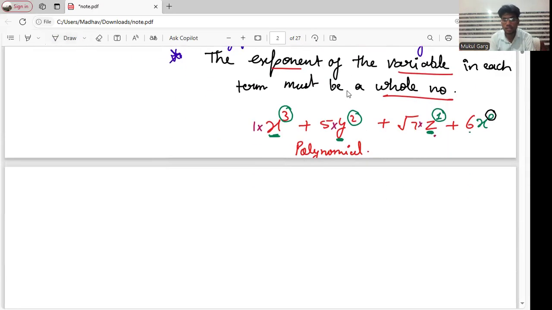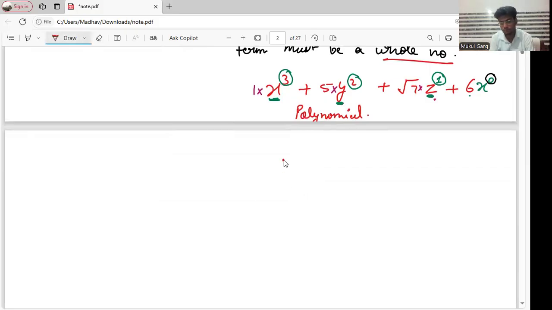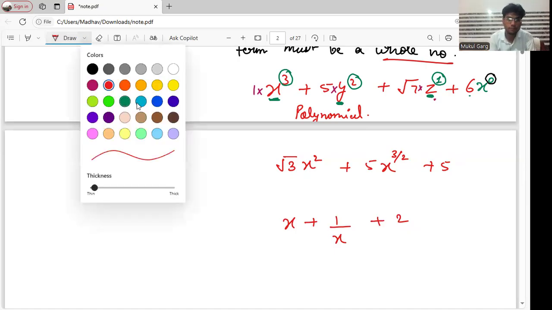Now let's do another question based on it. Root 3x square plus 5x to the raised power 3 upon 2 plus 5. And let me write down another example, x plus 1 upon x plus 2. So if you look at the first one, you will see again there is no limit on the number of variables. We just need to check the exponent of each and every variable in each term.